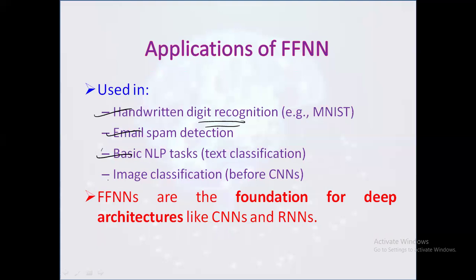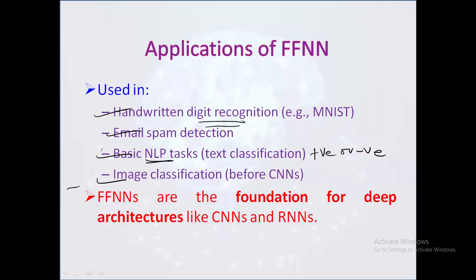Next, basic NLP tasks, text classification. In natural language processing, which we can call NLP, the feed forward neural network can be used to classify sentiment, that means positive or negative, detect topics, or perform simple language identification using vectorized input representations like bag of words or embeddings. Image classification before CNN, convolutional neural networks.